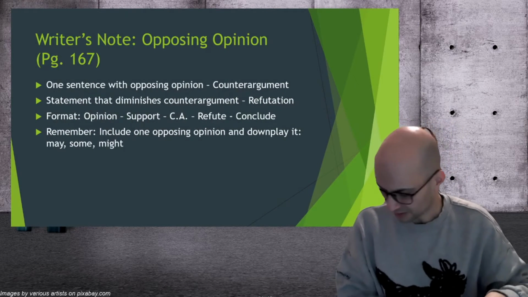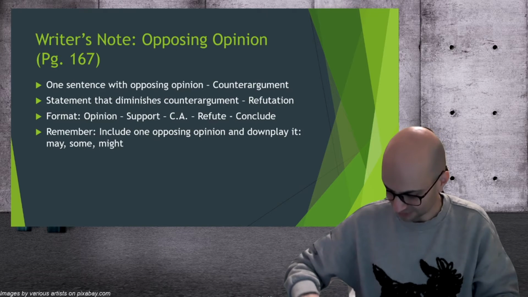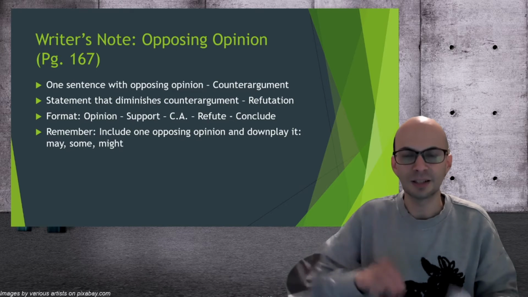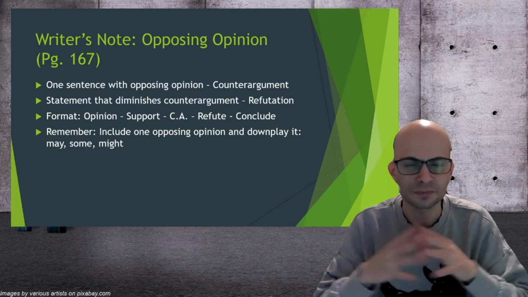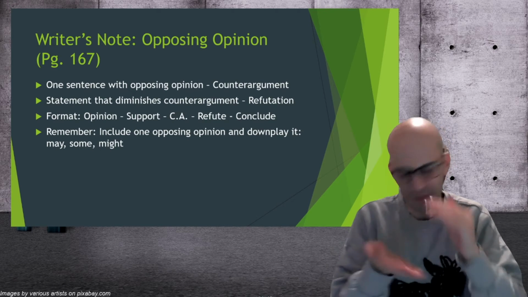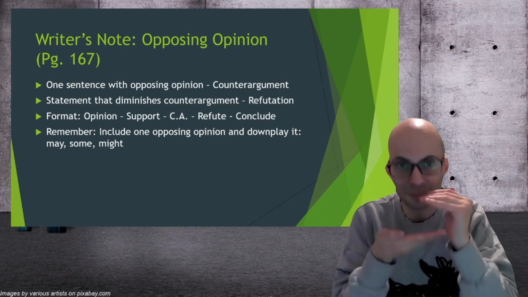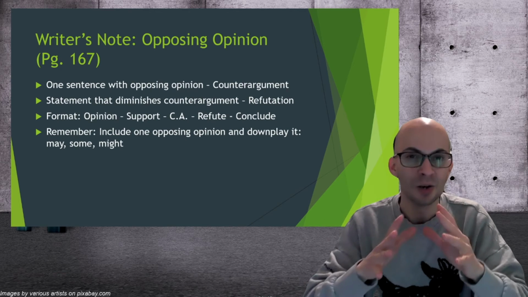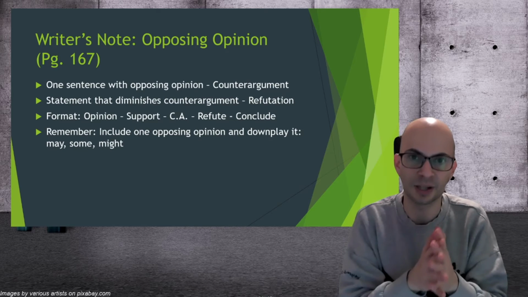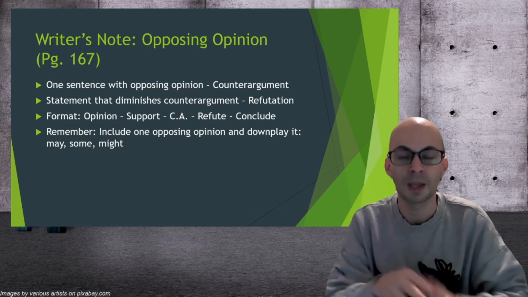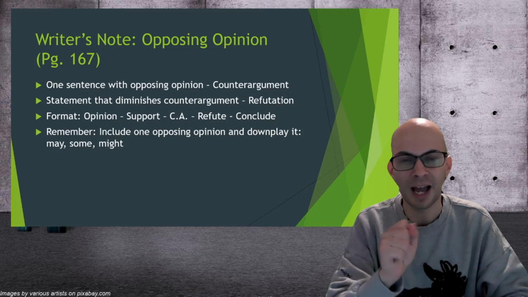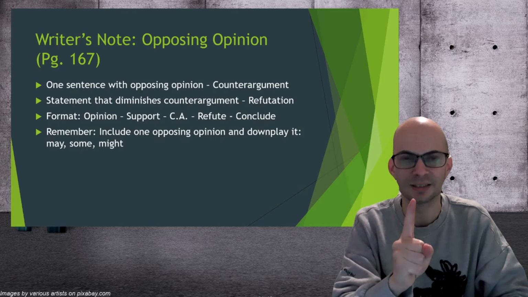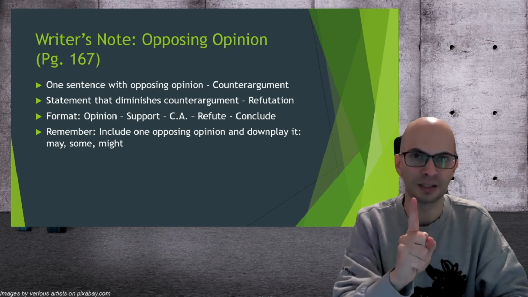Now we jump over here to page 167, and this is adding in an opposing opinion. Because this is just one paragraph, it's not an essay, we don't have time to really discuss an opposing opinion, but it can be incredibly helpful to add at least one sentence of an opposing opinion.